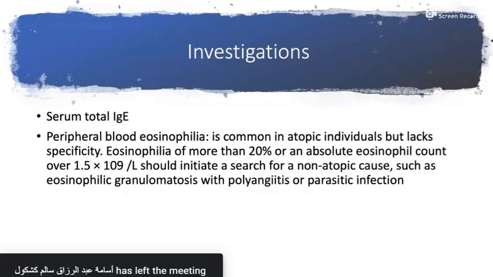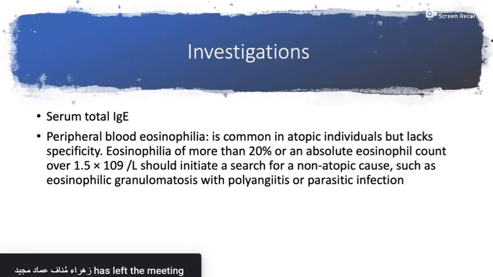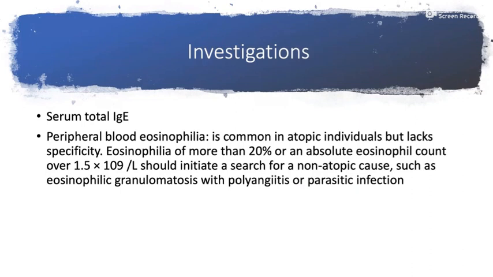Serum total IgE, peripheral blood eosinophils. Eosinophilia is common in atopic individuals but lacks specificity. Why? Because we have other types of diseases that result in eosinophilia.